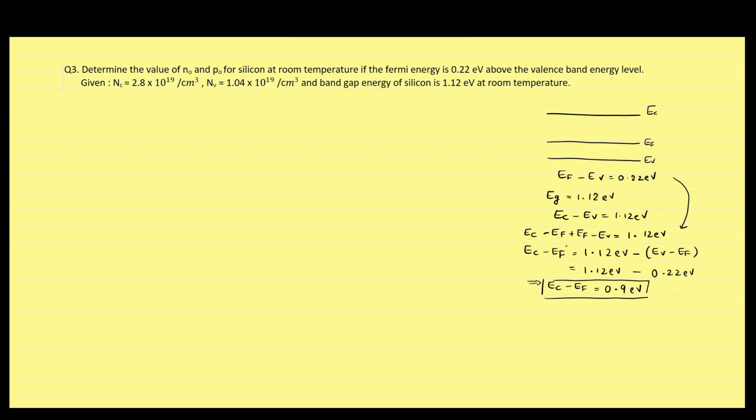You know that hole concentration is given as effective density of states in the valence band Nv multiplied by exponential minus EF minus EV divided by kT.